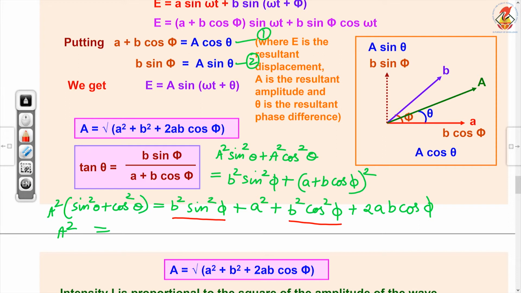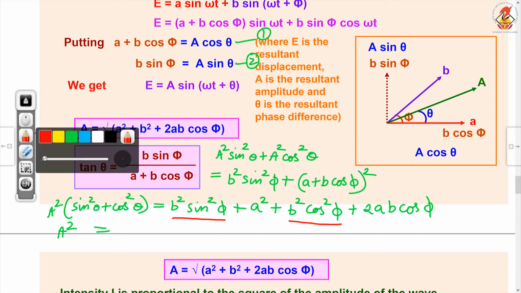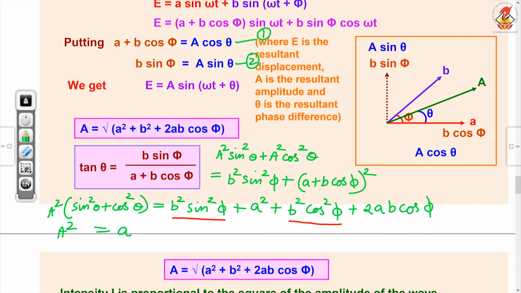Again sin square theta plus cos square theta is 1, so you will get only b square. So what am I getting now? A square is there plus b square plus 2ab cos phi. So this is what I am getting. A square is equal to a square plus b square plus 2ab cos phi.